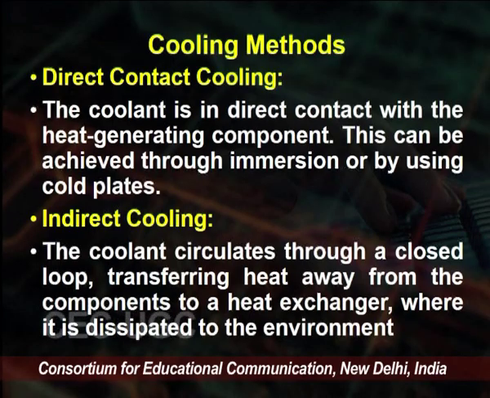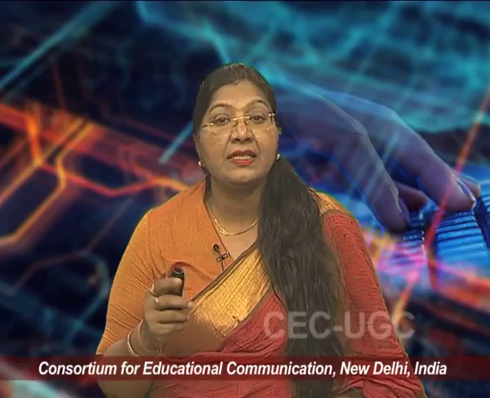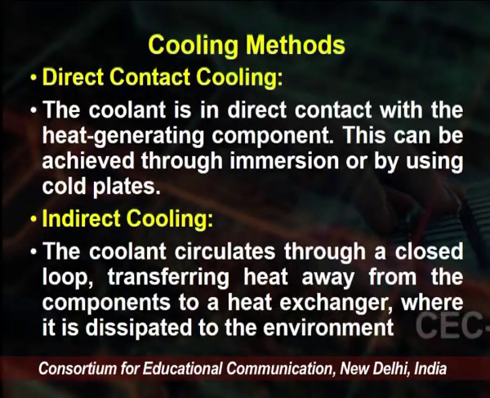Sometimes we put the coolant in the system so they are in contact; for example, if we want to cool the plates system, we put oil in that device, so it will cool the system correctly. Another is indirect cooling. In this type of cooling, the coolant circulates through a closed loop, transferring heat away from the component to a heat exchanger, where it is dissipated to the environment.